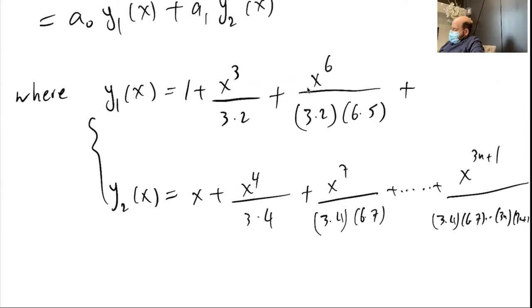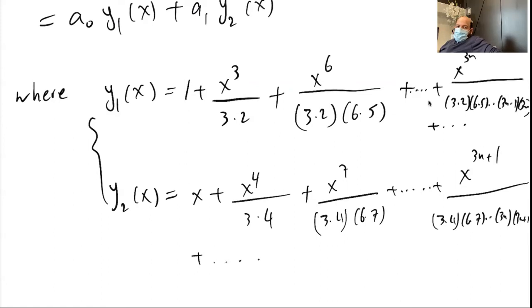And here the generic term was x to the power 3n over 3 times 2, 6 times 5, up to 3n minus 1 times 3n. Both of them plus dot, dot, dot.